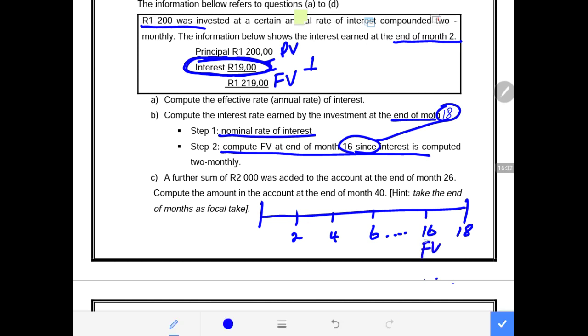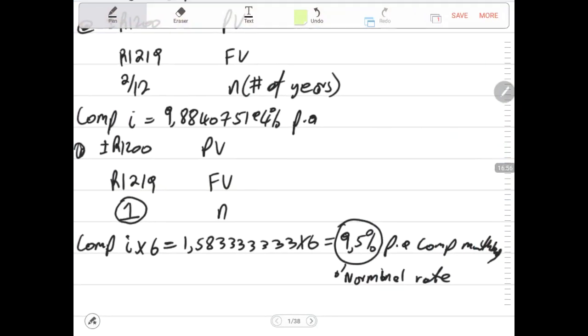Then after, from this future value, we need to calculate interest from month 16 to month 18. And I'll just throw something on your mind when we reach here in case I don't forget. It's also based on the calculation that I did previously regarding the nominal rate of 1.58. Now, let us go further with that.